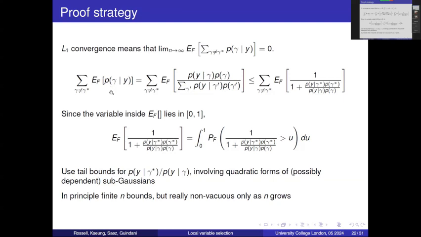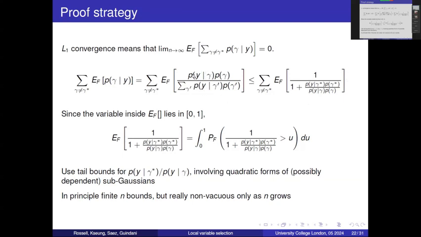Now, if you use Bayes' formula, the posterior probability of a model, pi of gamma given Y, can be written as the marginal likelihood of the data given the model times the model probability, divided by the normalizing constant. This can be written in this way. So up to here is all totally trivial. And then this step is just upper bounding this term by removing terms in the denominator. All the terms in the denominator are positive, and if I remove some of them, I'm just making the quantity larger.